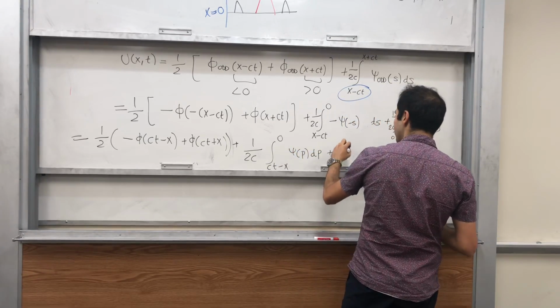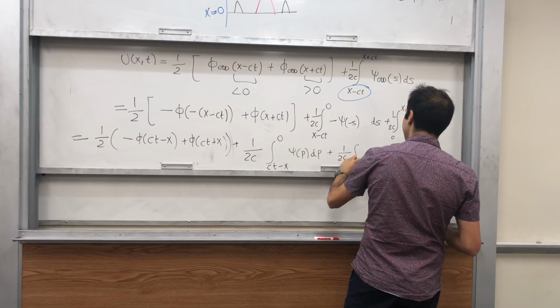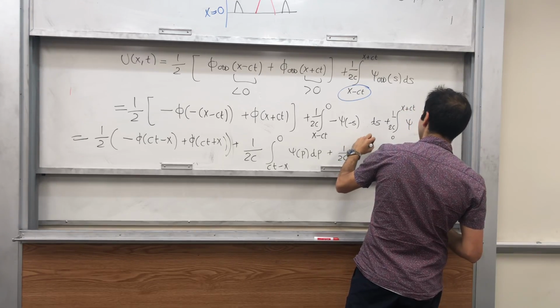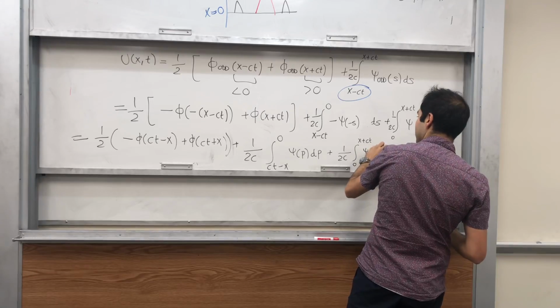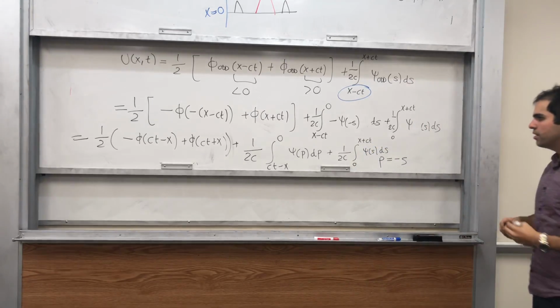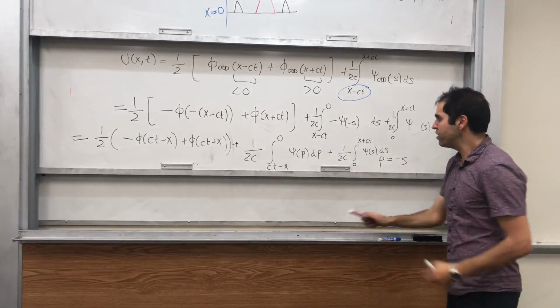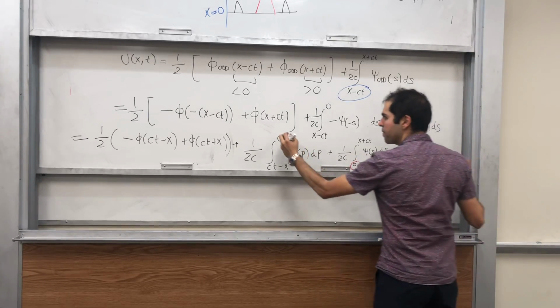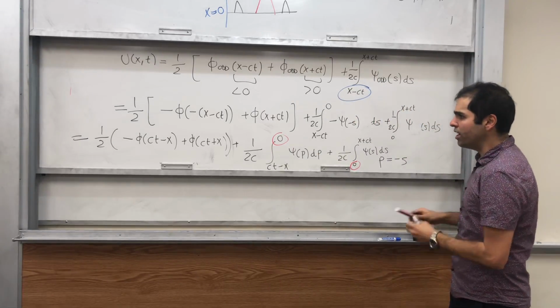And then plus 1 over 2c integral from 0 to x plus ct of psi of s ds. And the nice thing is, the two integrals come together into just one integral.